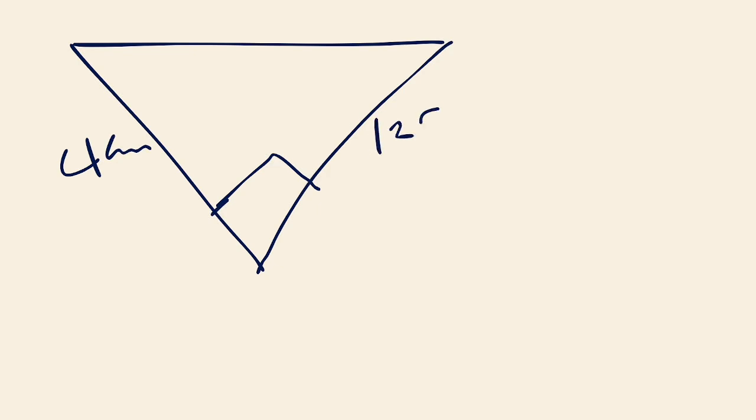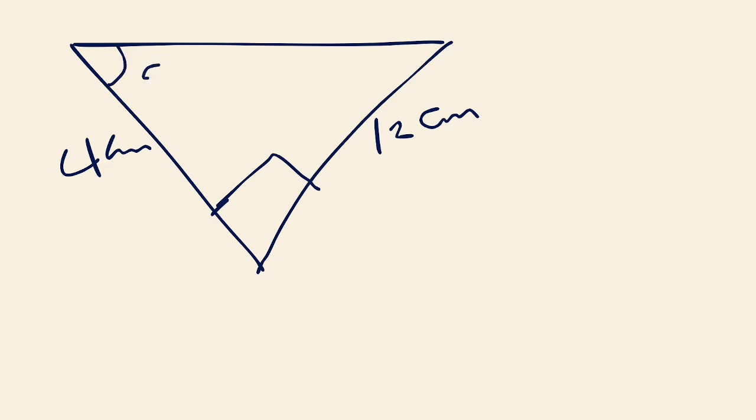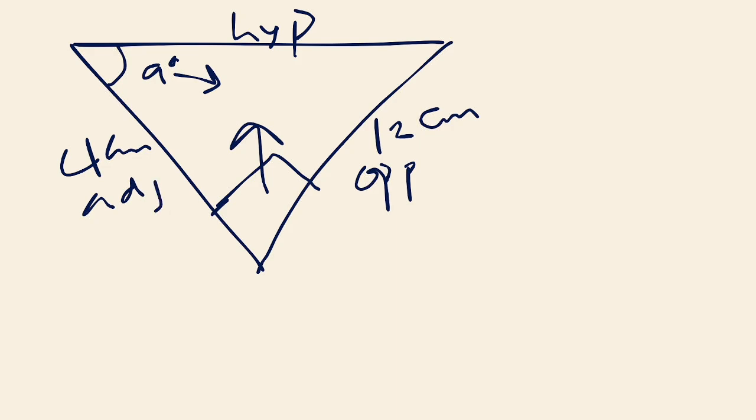This is 12 cm. Then this is A degrees. From here, identify the sides. This is automatically the hypotenuse. Then this is the angle of interest. The side facing it is your opposite. Then the side next to this will be your adjacent.